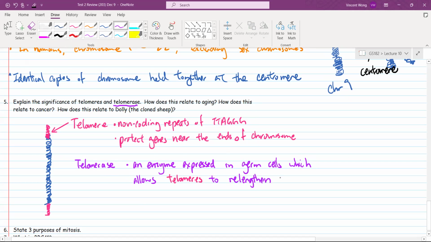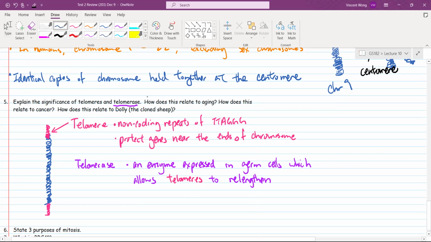Okay. So that's necessary because when you make the sperm and egg, you want the telomeres to be reset before you pass it to the next generation. So the next generation will have brand new telomere length. Otherwise, if it keeps on getting shorter and shorter throughout your lifetime, and you pass on short ones, eventually it will be too short to propagate, to pass on.